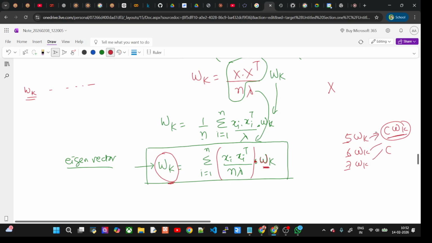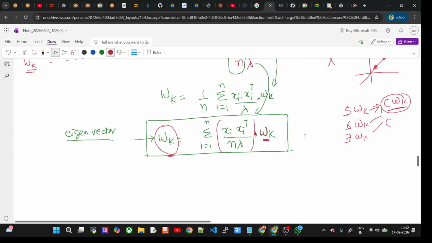Five, six, seven. So you are just shifting that here. This is the earlier wk, this is the next wk. I will come to that, that's the main thing I want to say. The observation you made is correct, that is the point here.